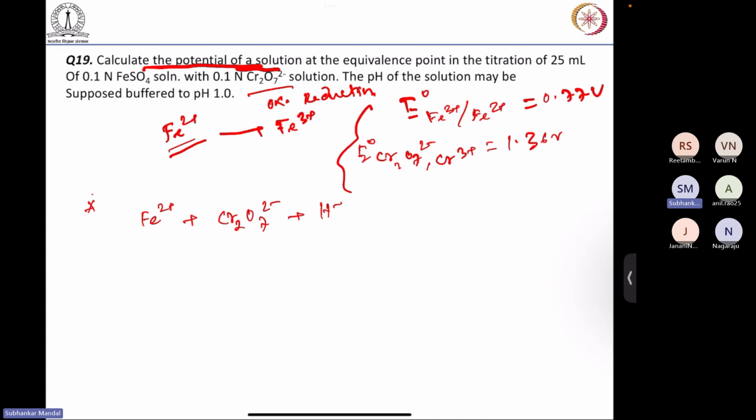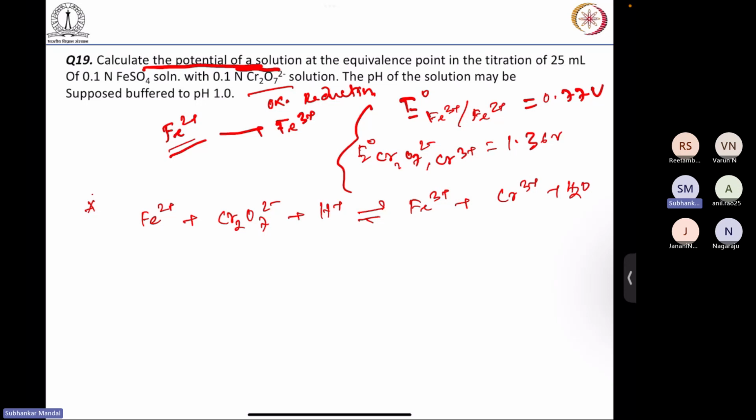So H+ will be there, and Fe3+ is formed, and chromium goes to chromium 3+ and H2O. Okay, so this is the reaction. Now we have to balance this reaction.